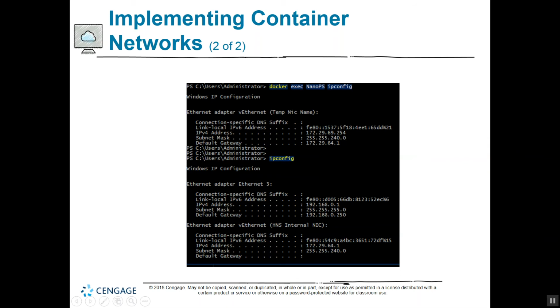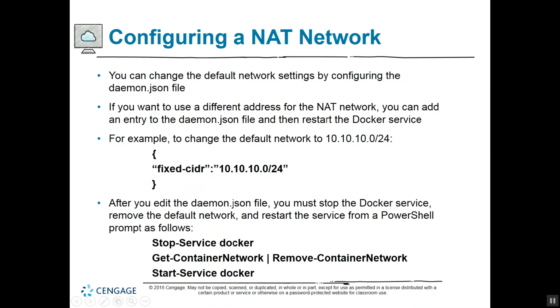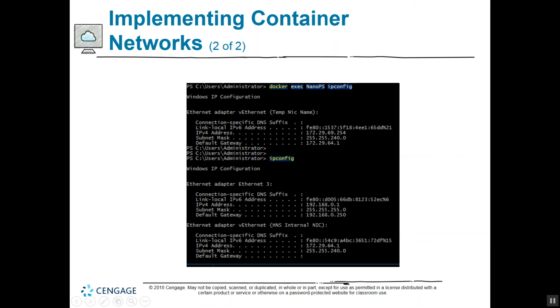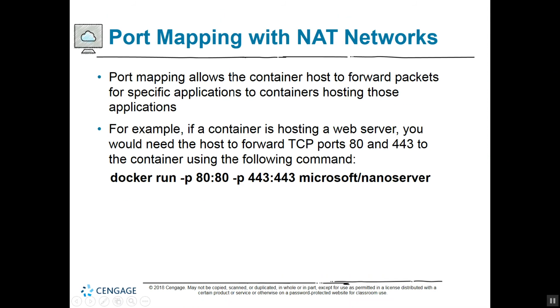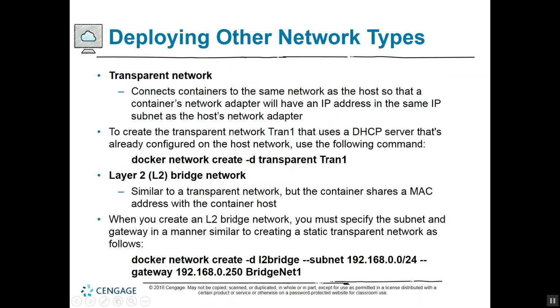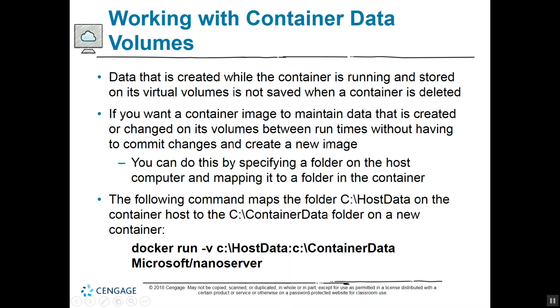There we go. So we've got exec nano ps ipconfig through Docker. We can see the IP configuration of our Nano Server container at that point. We'll deal with these in the lab.